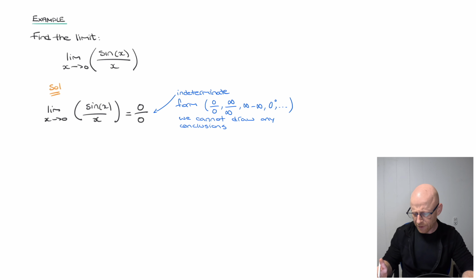And so the idea here is, since we're interested in the limit as x approaches or tends towards 0, we can replace the sine of x we have on the numerator here by the Maclaurin series for sine of x.